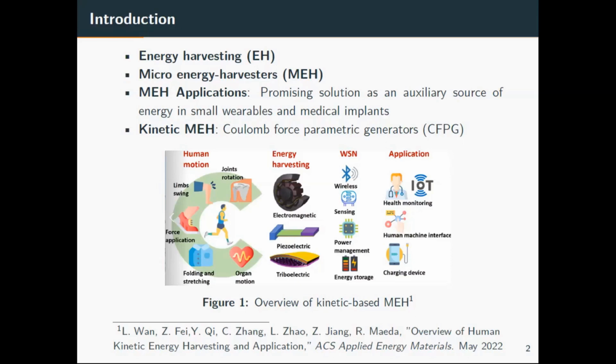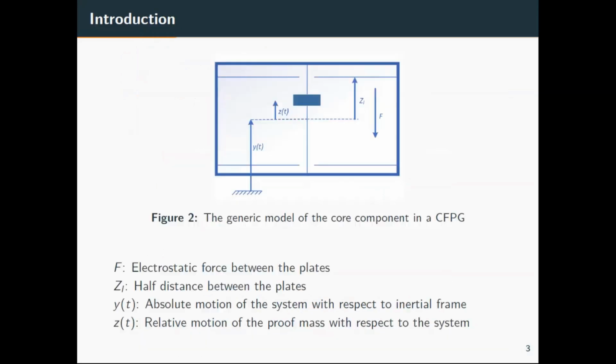So Coulomb force parametric generators are what we are going to focus on, and these are some different options that are out there for this type of device. For a CFPG based microenergy harvester, we have two plates, a lower and an upper plate, and the distance between them.